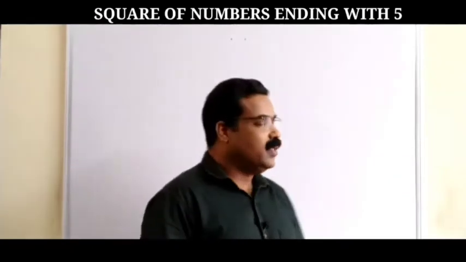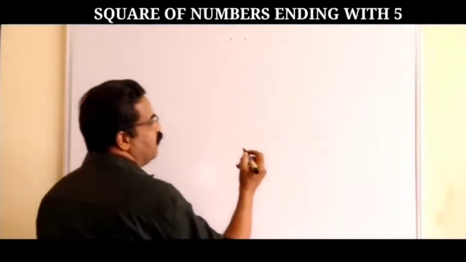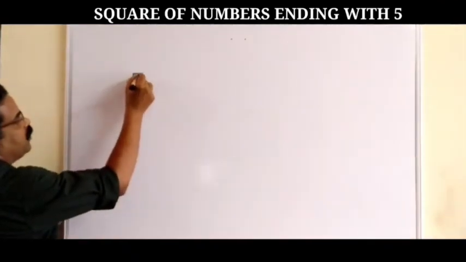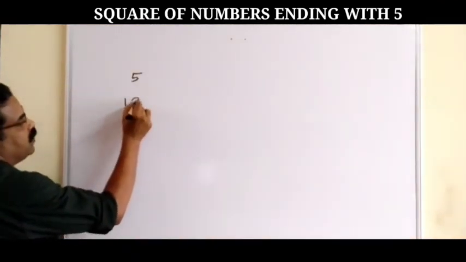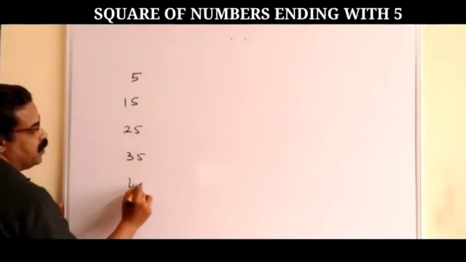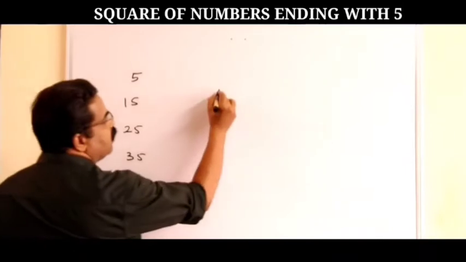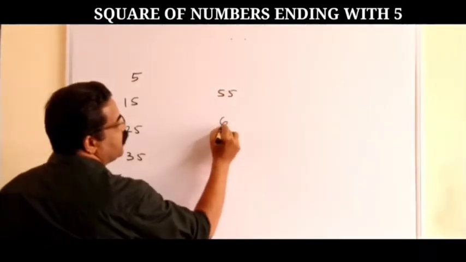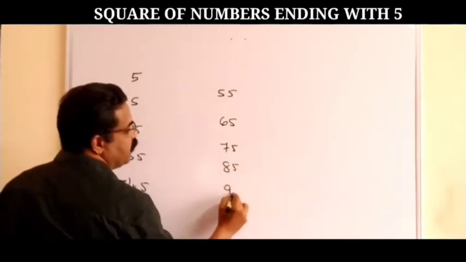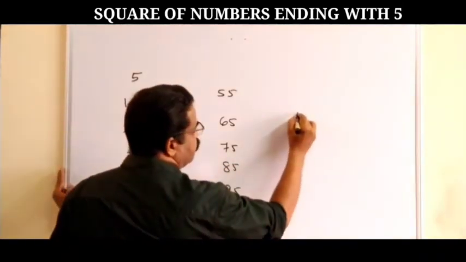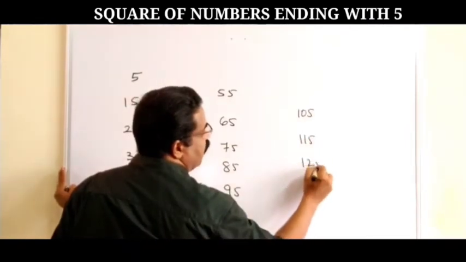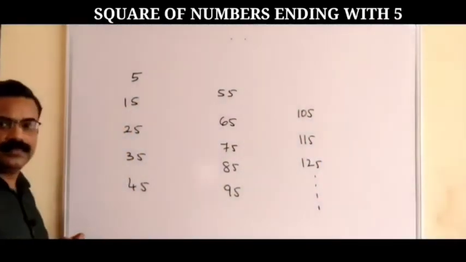So let us go to the examples. Let me write some numbers here. The first number I am writing is 5, then 15, 25, 35, 45, 55, 65, 75, 85, 95, 105, 115, 125, like this it goes.